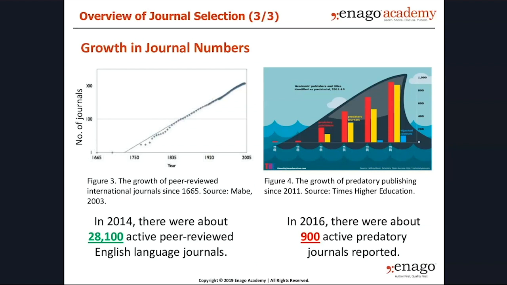Now, that's a huge number, and it reduces drastically when you're talking about one specific field. So you, of course, don't have to choose between that many different journals. But in any one field, there can still be a very large number. So competition from journals to attract authors is quite fierce. It's quite competitive.